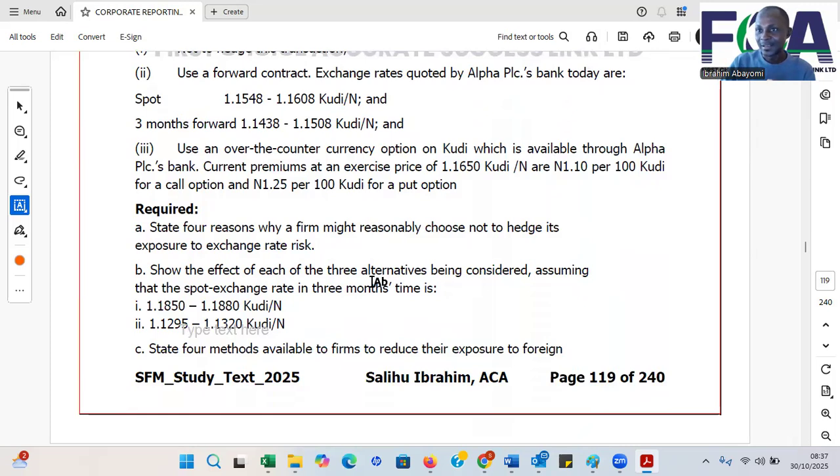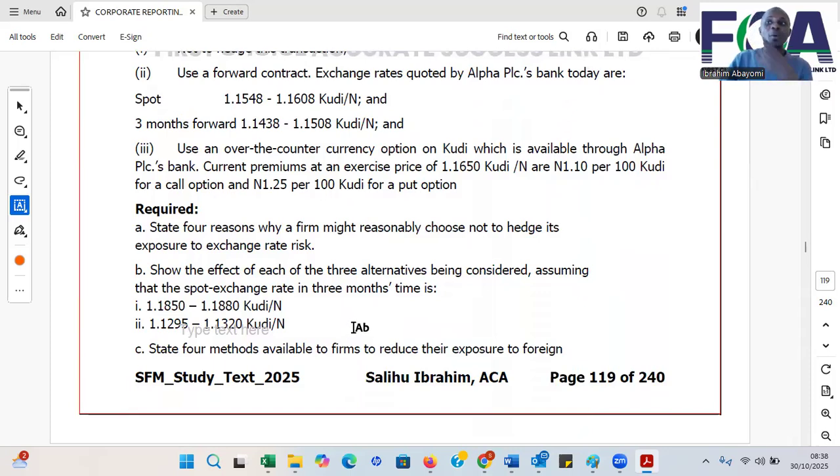I have kudi and I want to exchange the kudi to naira, so I want to buy naira using the kudi I have. So what will the bank do? The bank will offer you the naira. That is the reason why the price we apply here is 1.188.